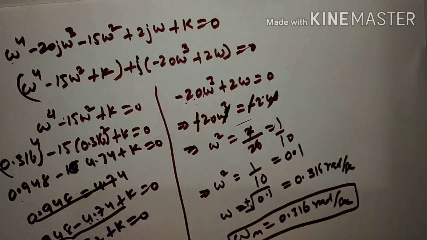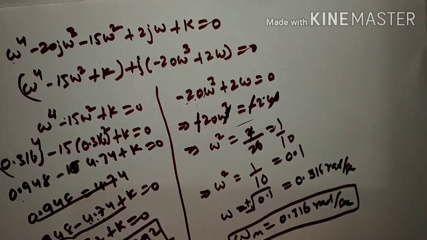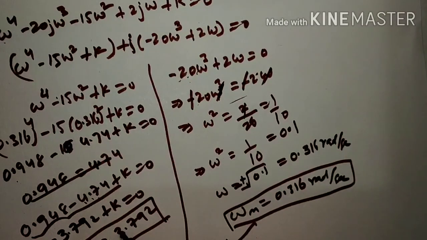So K is equal to 3.792. So we got the K value, and we got the omega n value. K is 3.792 and omega n is 0.316 radians per second. This is the final answer.